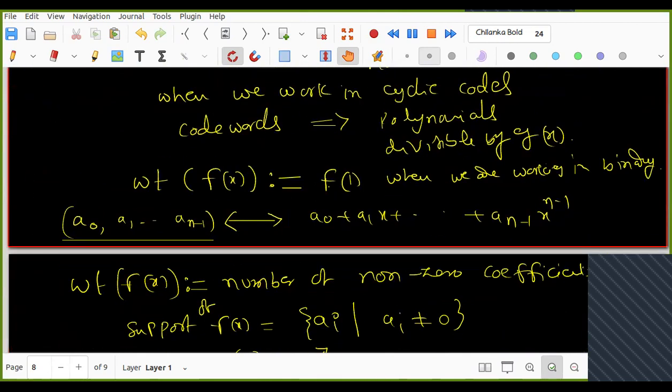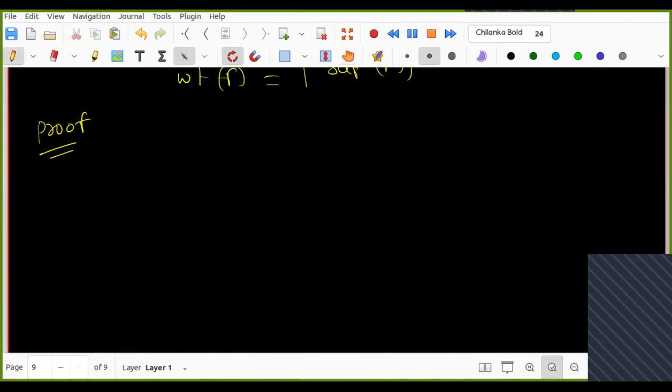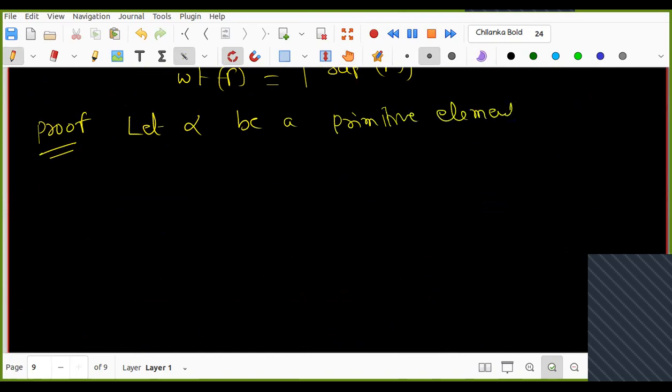Let alpha be a primitive element. Primitive elements are not unique. Alpha be a primitive element of F_{2^m}.